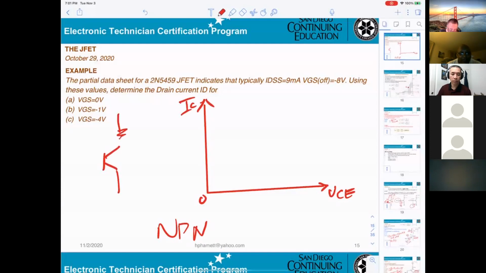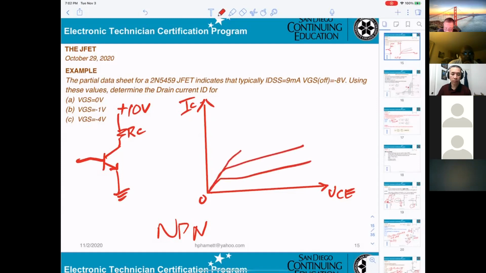Plus 10 volt. RC. Okay, on the load line here, basically you can see the current IB. So now I want to draw the load line here. Okay, that's the Q point, right?